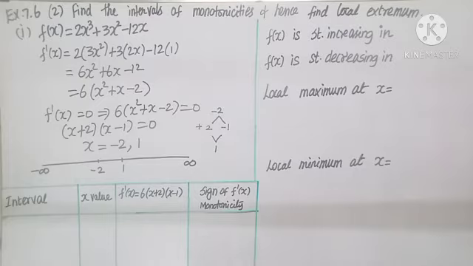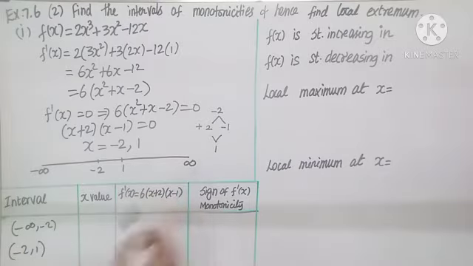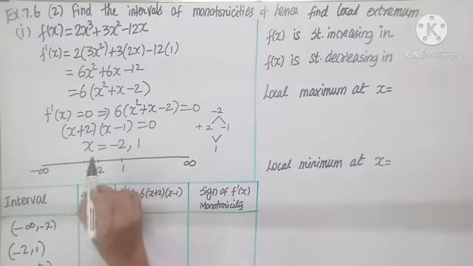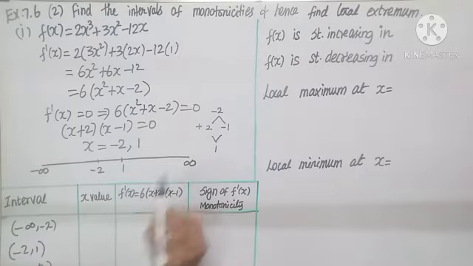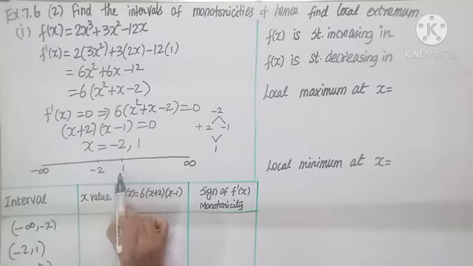We get 3 intervals: minus infinity to minus 2, minus 2 to 1, and the third one, 1 to infinity. As we mark minus 2 and 1, the number line splits into 3 intervals.